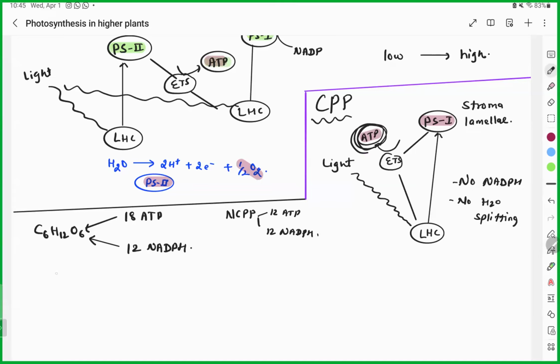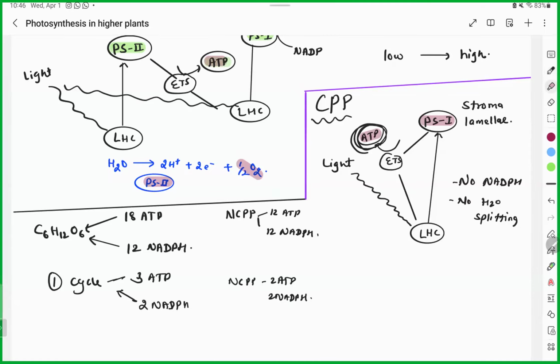If you see in one C3 cycle, 3 ATP are consumed and 2 NADPH are consumed. So in non-cyclic photophosphorylation, 2 ATP and 2 NADPH will be produced. What about the third ATP? From where do we get the third ATP?